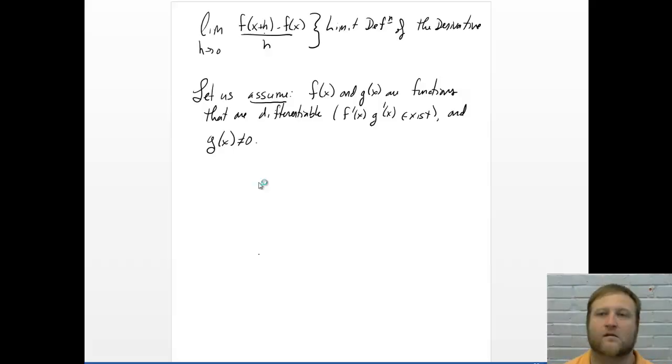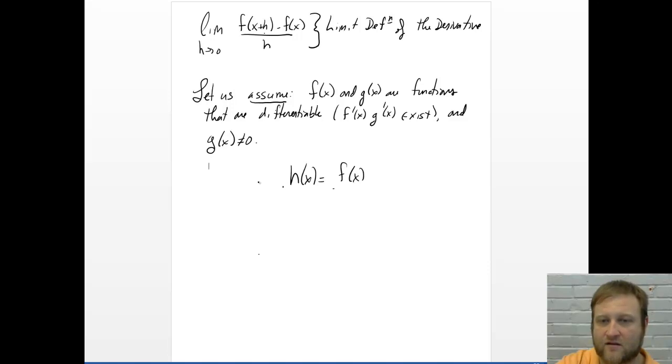Well, we're going to say h of x will be equal to f of x divided by g of x.